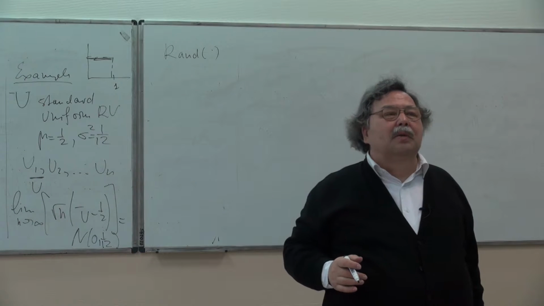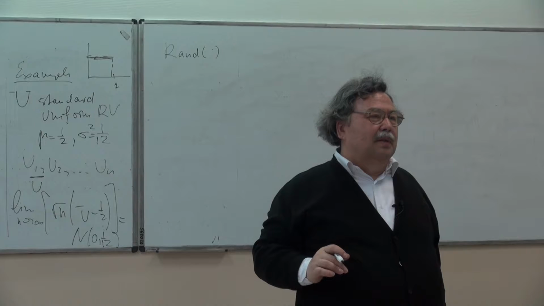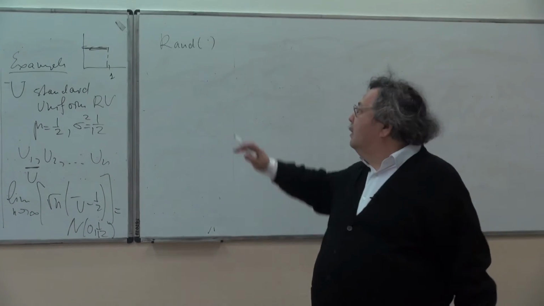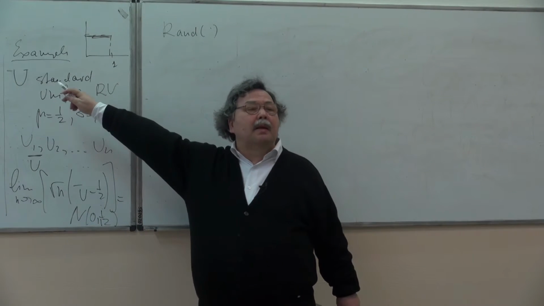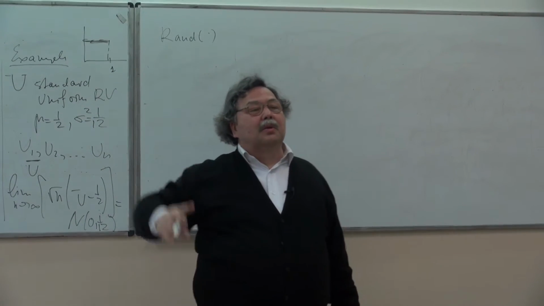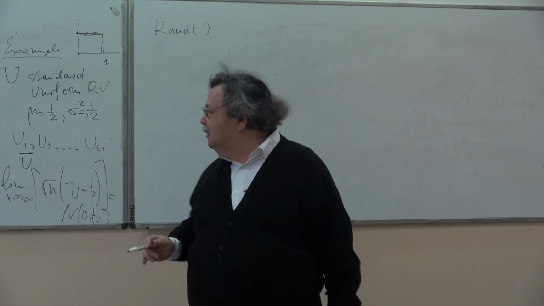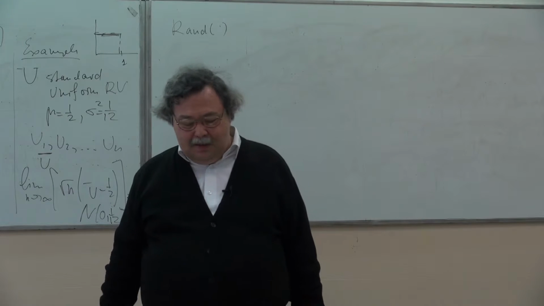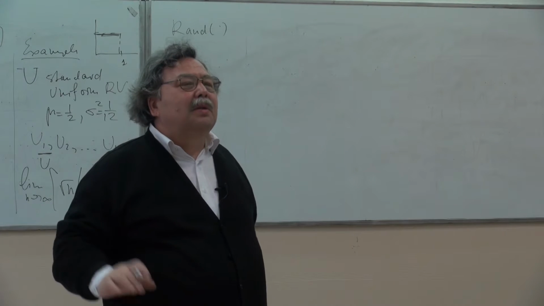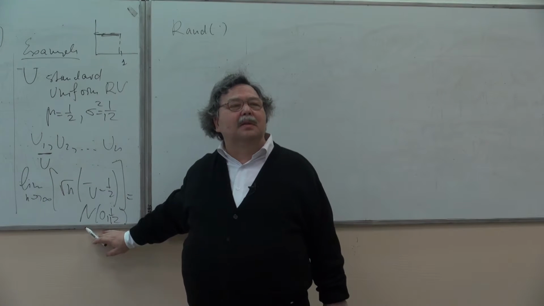I think some of you have already used it in my computer practice course. This function generates exactly this standard uniform. So you can generate a lot of copies of this, take the arithmetic average and do it many times and see whether you arrive at a normal distribution.